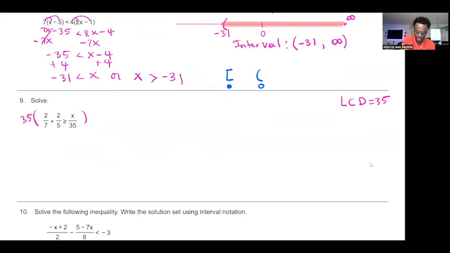So 35 divided by 7. Okay, let me write it out. 35 times 2 over 7 plus 35 times 2 over 5 greater than or equal to 35 times x over 35. But you need to remember that with two fractions, we can straight multiply, or I can simplify.